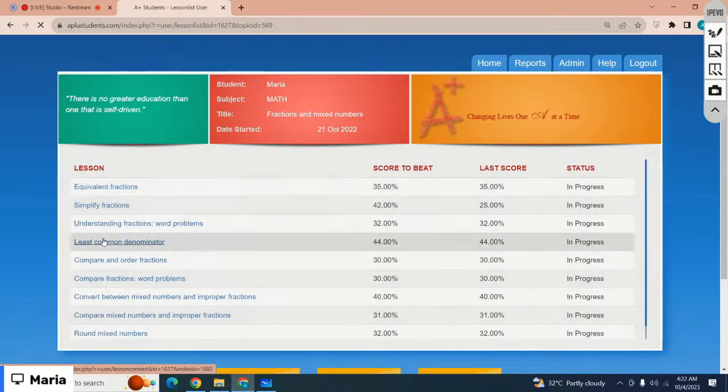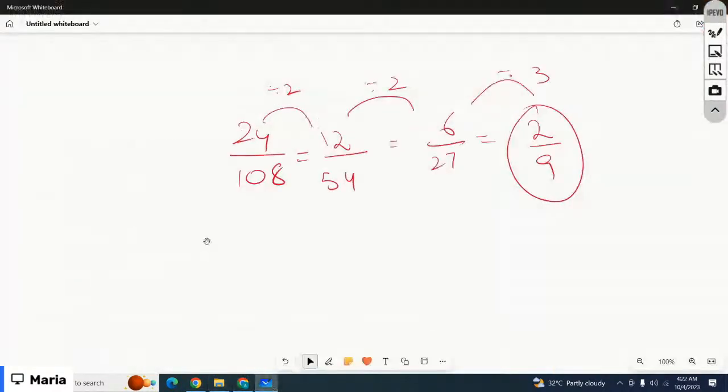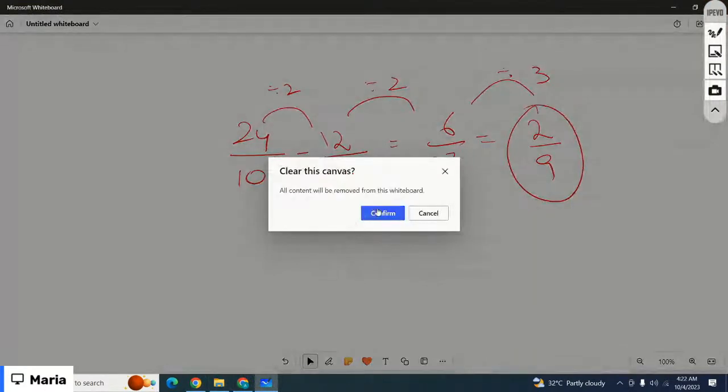Okay, least common denominator. What do you know about the least common denominator? What is least common denominator? Okay, let's just note down the definition. Least common denominator.